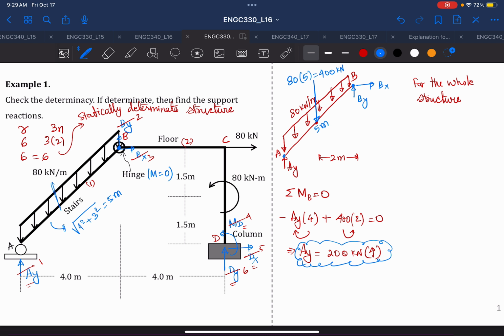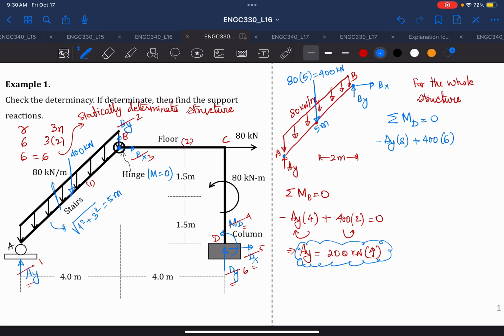Now for the whole structure, we can take summation of moment at D is equal to 0. We'll have minus AY into 8, because AY will produce a clockwise moment, so that's why minus, and we have 400 into 6, and we know that the point load for this uniformly distributed load will be 400 kilonewton, and the distance of that point to D is 6 meter.